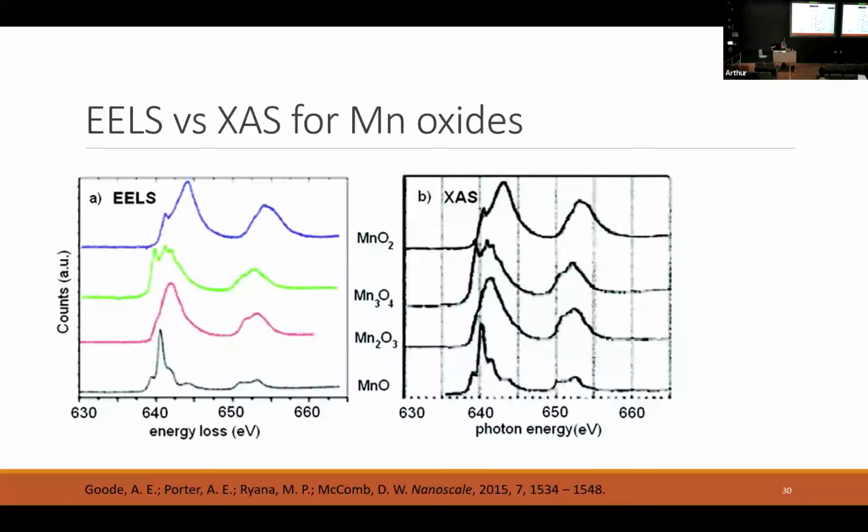And that's because we're probing exactly the same thing here. We're probing the unoccupied density of states, and that's the same for the material. Advantage of EELS over X-ray spectroscopy, though, is you've got the spatial resolution tied into it, whereas X-ray absorption spectroscopy, you've got a much bigger spot, so you don't get as high a spatial resolution.